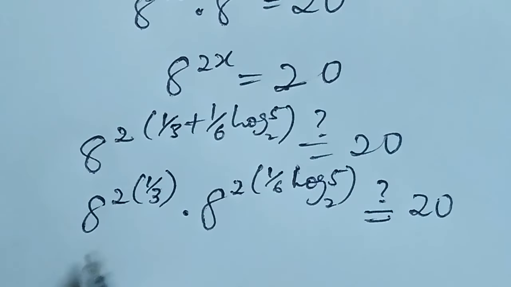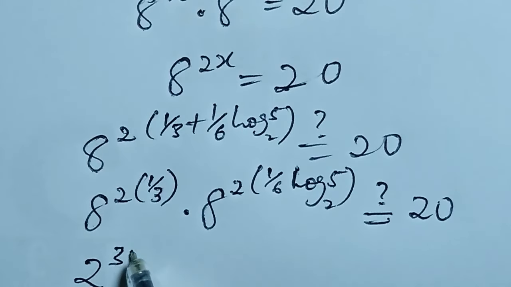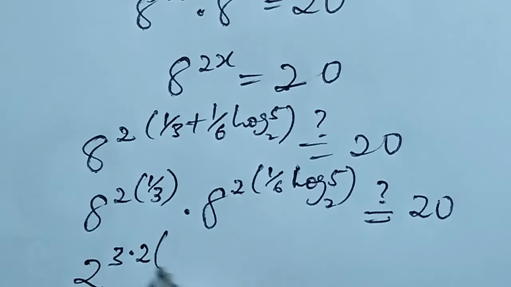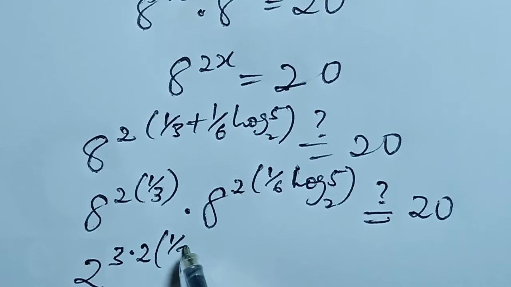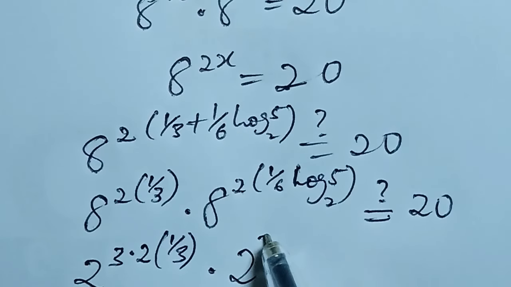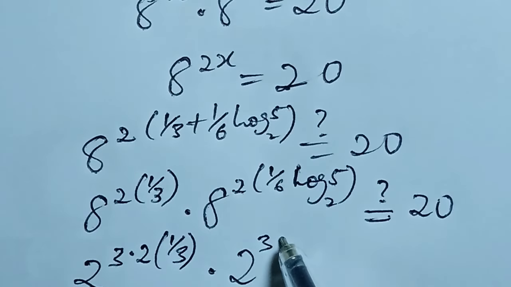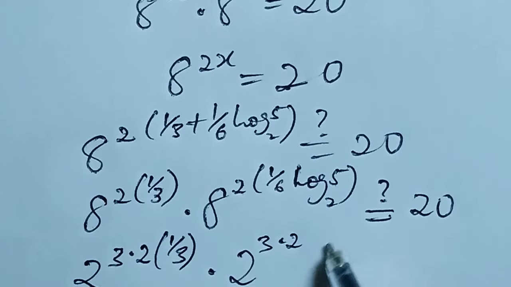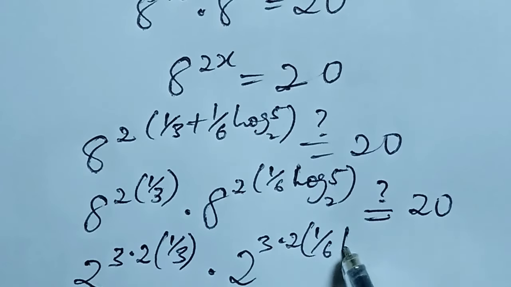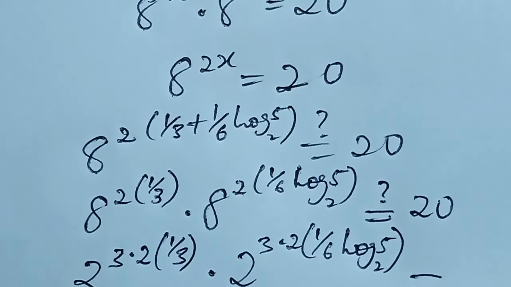So we simplify this 8 as 2 to the power of 3, then multiply by 2 into brackets 1 over 3, then this as well 2 to the power of 3, then multiply by 2 into brackets 1 over 6 log 5 base of 2. Would that be equal to 20?